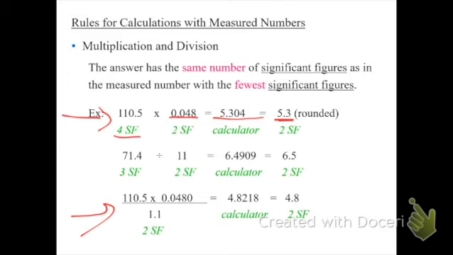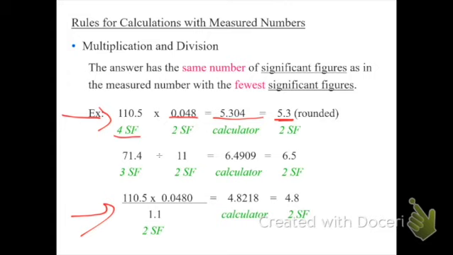So the answer must have just 2 significant figures. After you do the calculation in your calculator, you're going to have to round the answer to just 2 significant figures. Any questions? Yes. Wait, so for the first portion of it, how did you get the 2 significant figures?